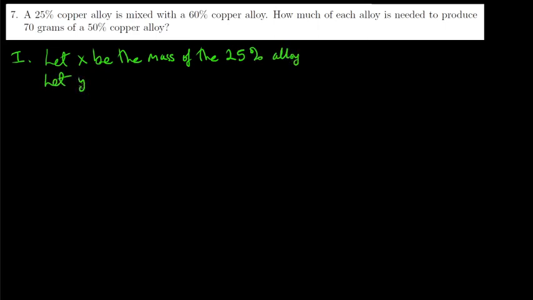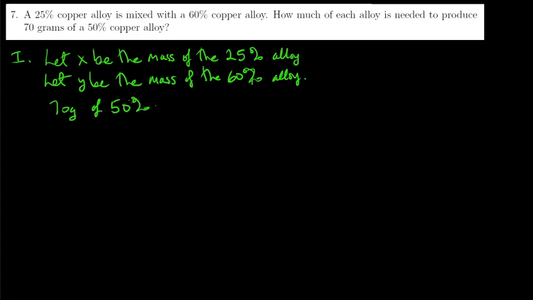And we'll let Y be the mass, or the amount, of the 60% copper alloy. And what do we want? We want 70 grams of a 50% alloy. Sorry, my percent symbols look weird, but it's supposed to be percent alloy, right? So this is what we want. How do we get there?